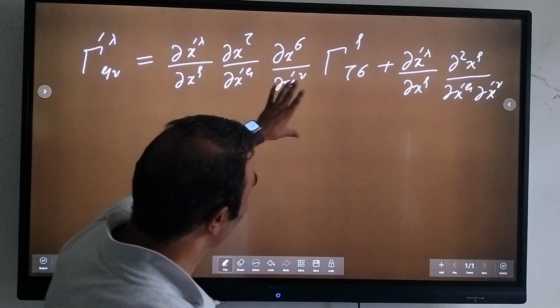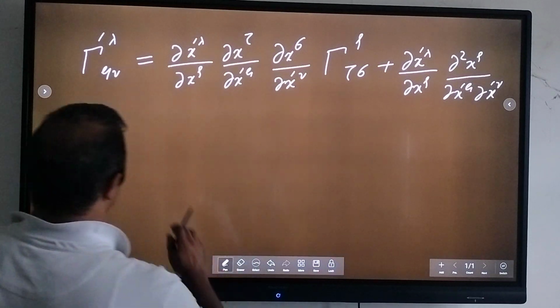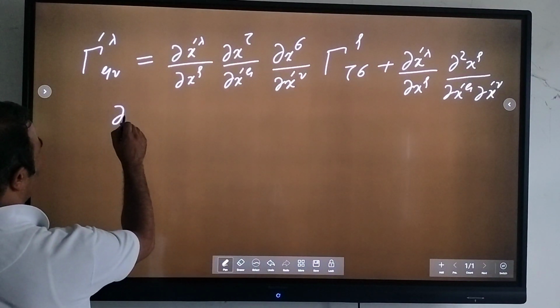Now if you rewrite the second term, that's partial x prime lambda.